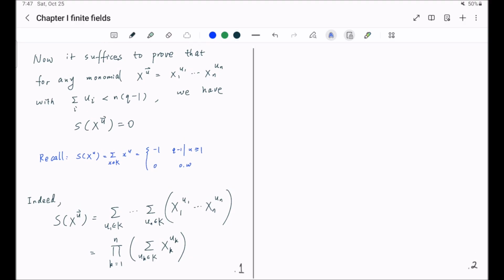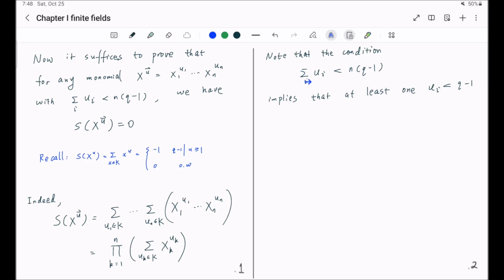Note that the condition that the sum of u sub i's is less than n times q minus 1 implies that at least one summand u sub i is less than q minus 1. For you to see this more clearly, I should write this sum more carefully.